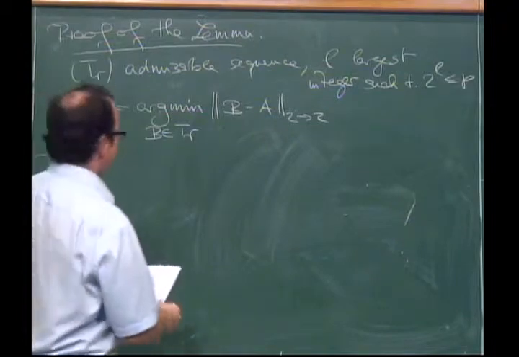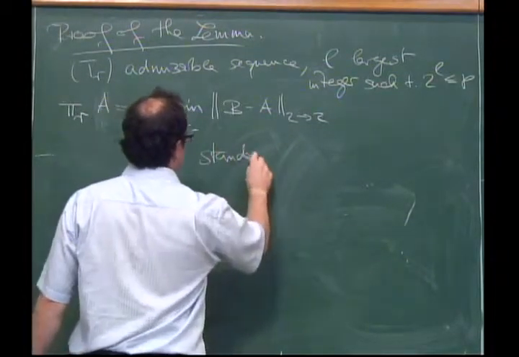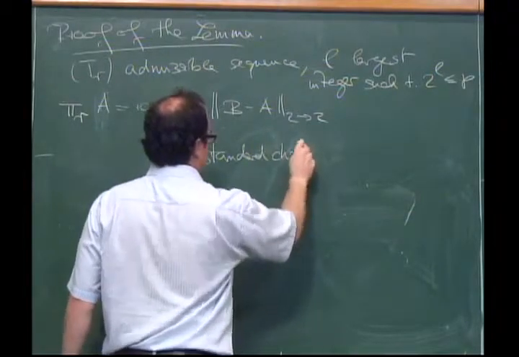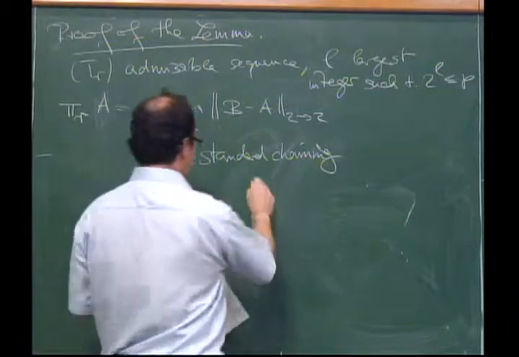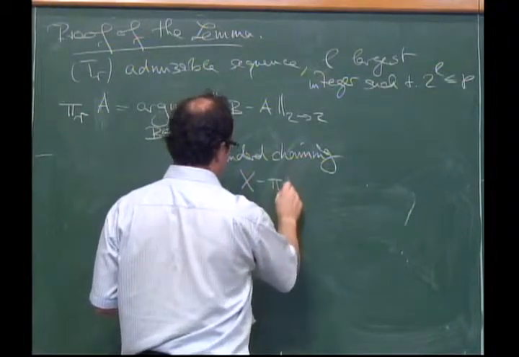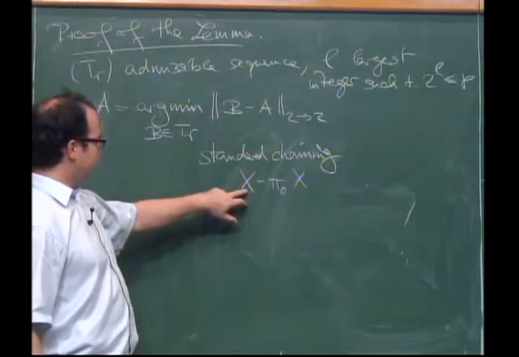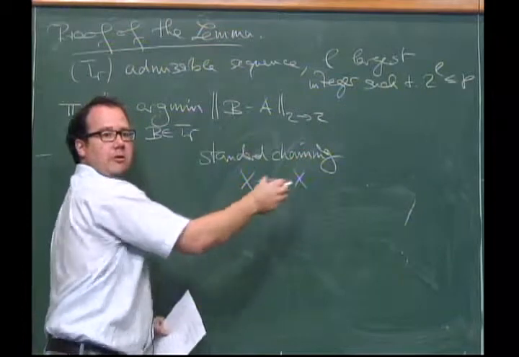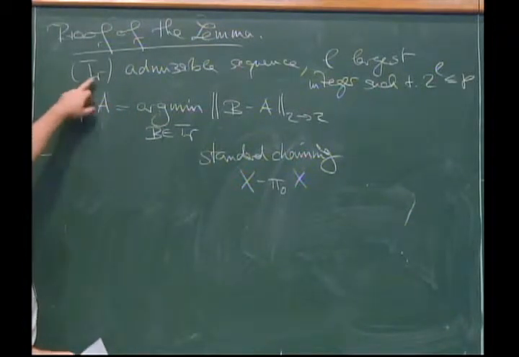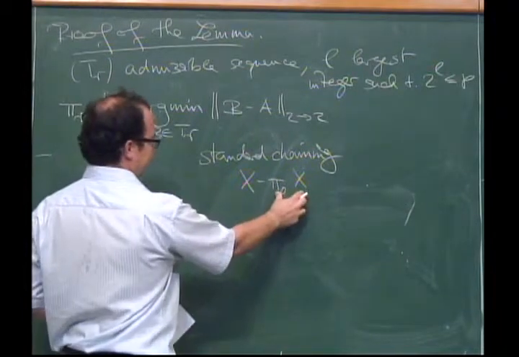And okay, so maybe the standard chaining argument, for those who haven't seen this yet, is to, so we want to get a supremum for x, and well, okay, we can subtract this. Well, p0 is just 1 point because T_0 was just one point. So bounding that is no problem.